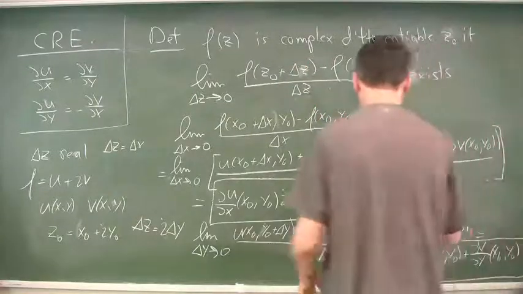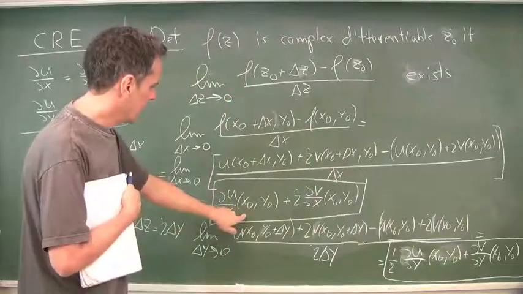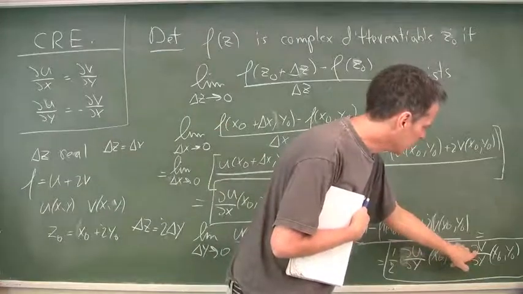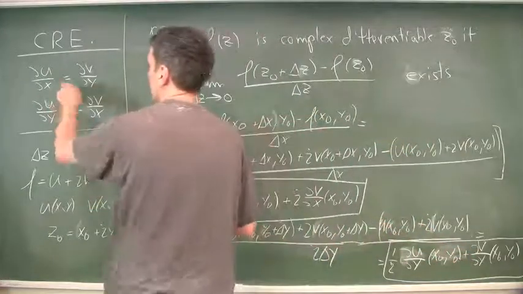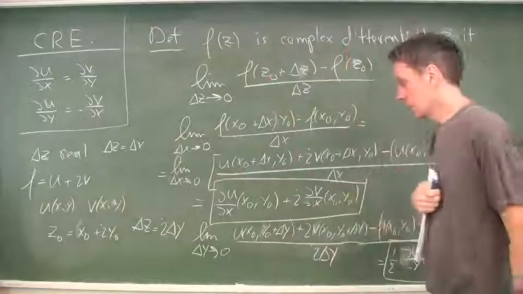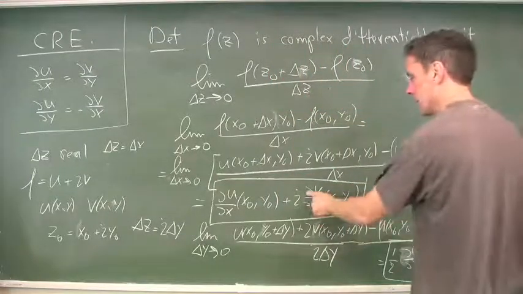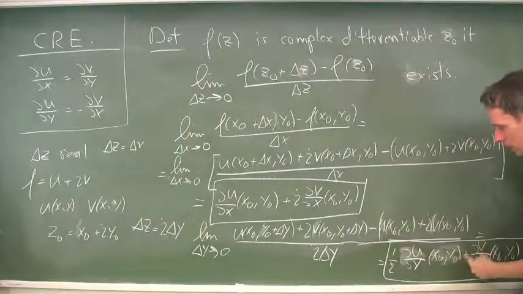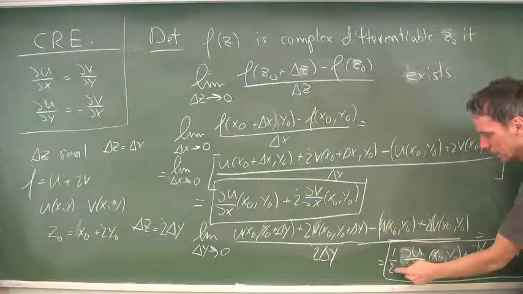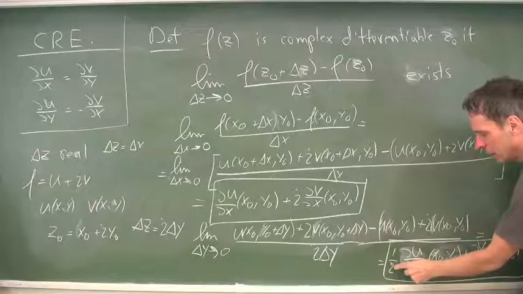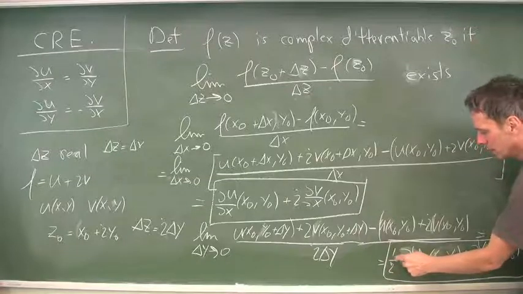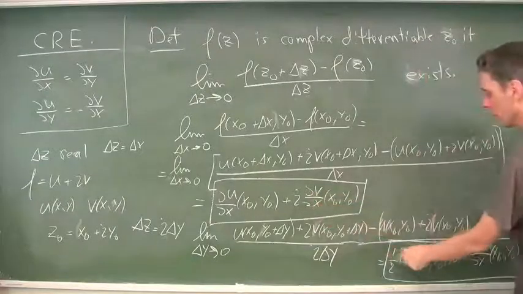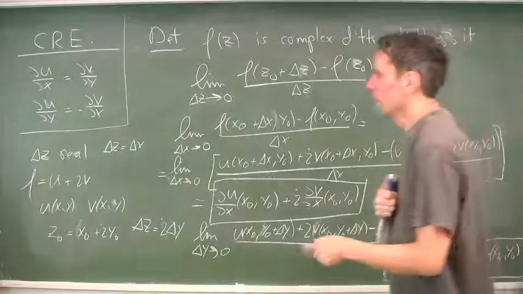If you now compare the real and imaginary parts, you see that the real part, del u del x, must be equal to the real part here, which is del v del y, which is the first Cauchy-Riemann equation. And the imaginary part here, which is del v del x, must be equal to the imaginary part here. If you multiply both numerator and denominator by i, you get a minus sign, minus i here. So you get that del v del x must be equal to minus del u del y, which is the other equation.